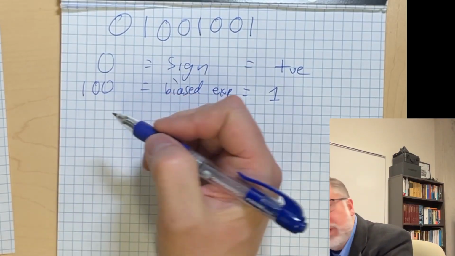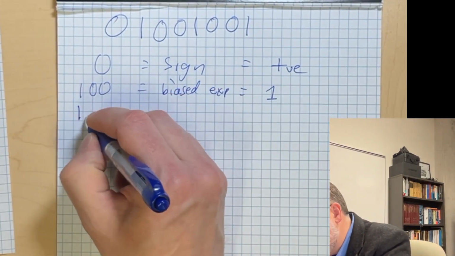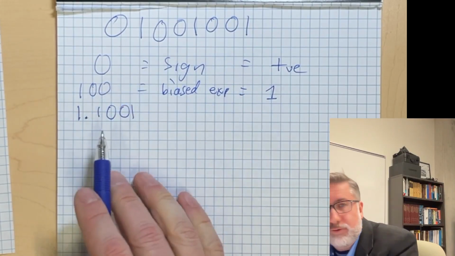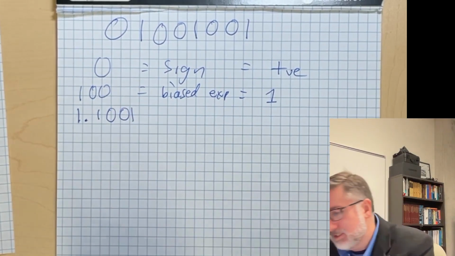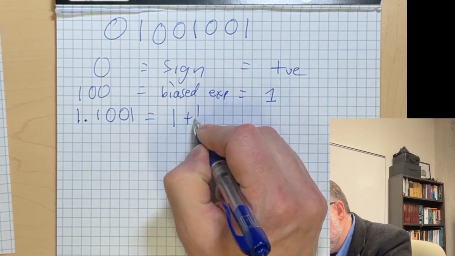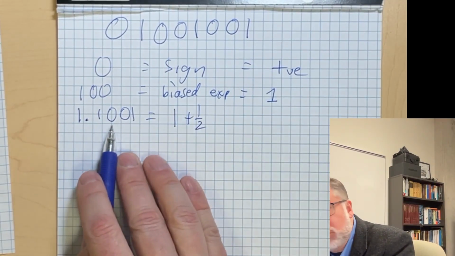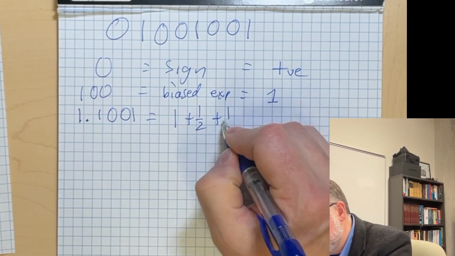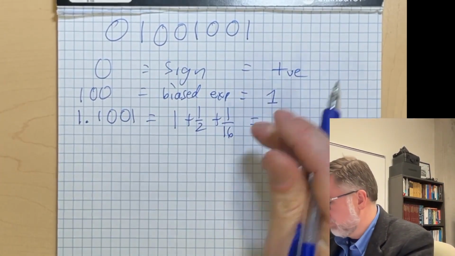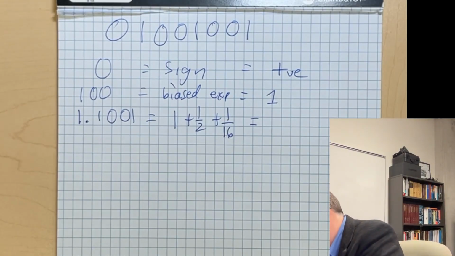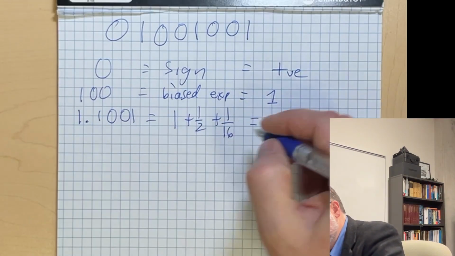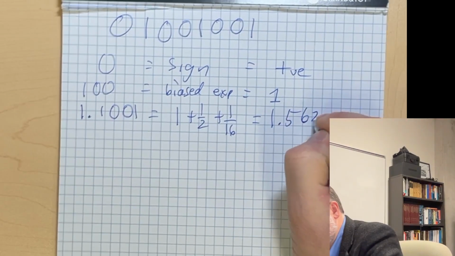Then the significand is 1.1001. Don't forget to put that 1 point back in, which is 1 plus a half. 1 plus a half, there's no quarters, there's no eighths, a 16th. Which, if we look at our calculator, 1 plus 0.5 plus 1 divided by 16 is 1.5625.